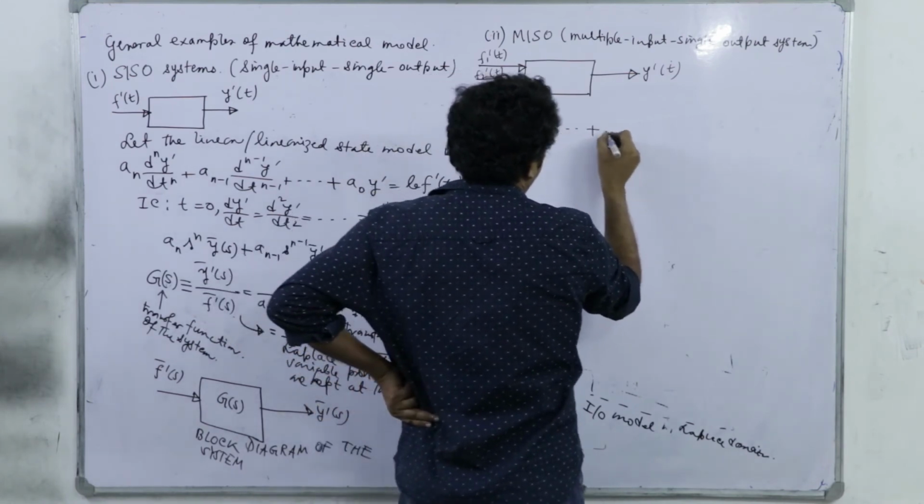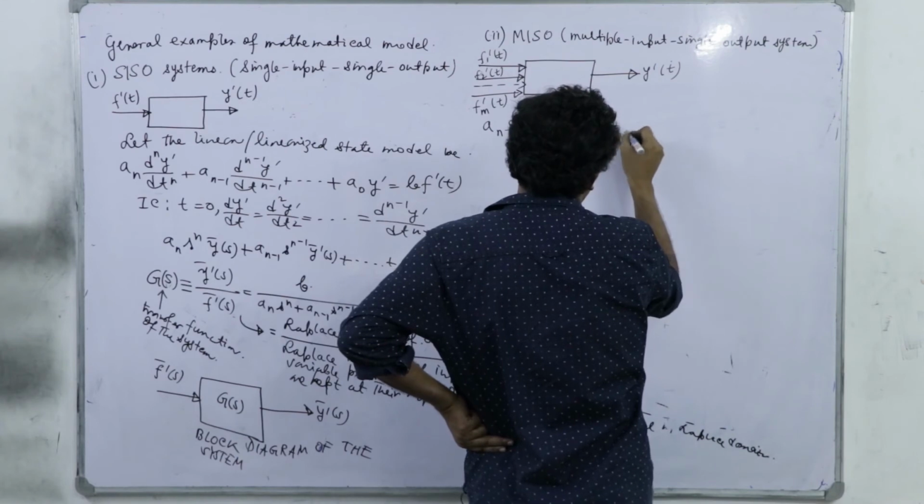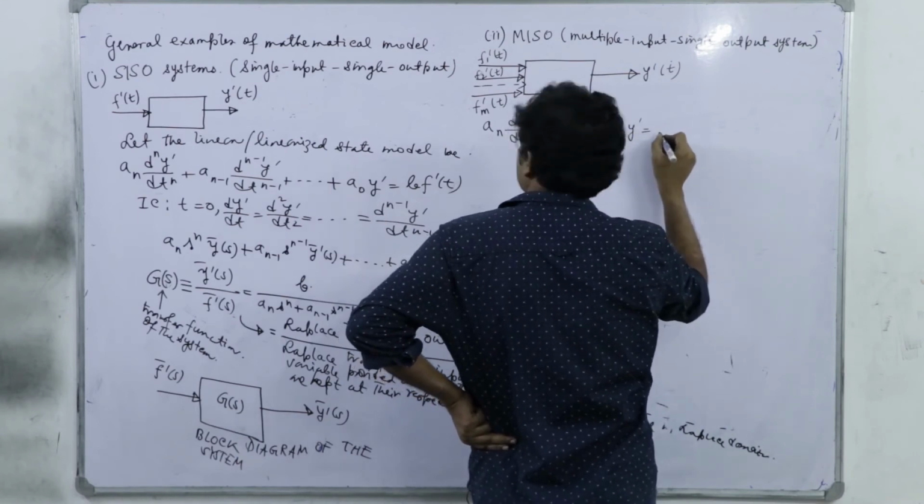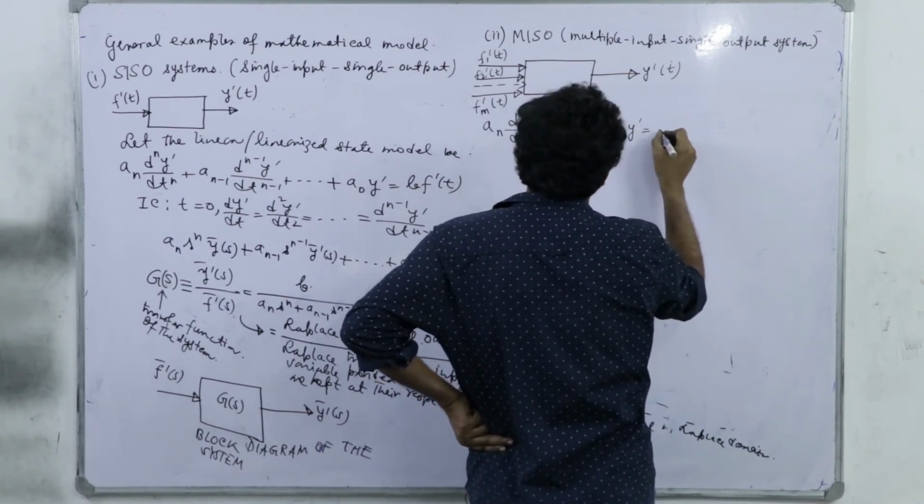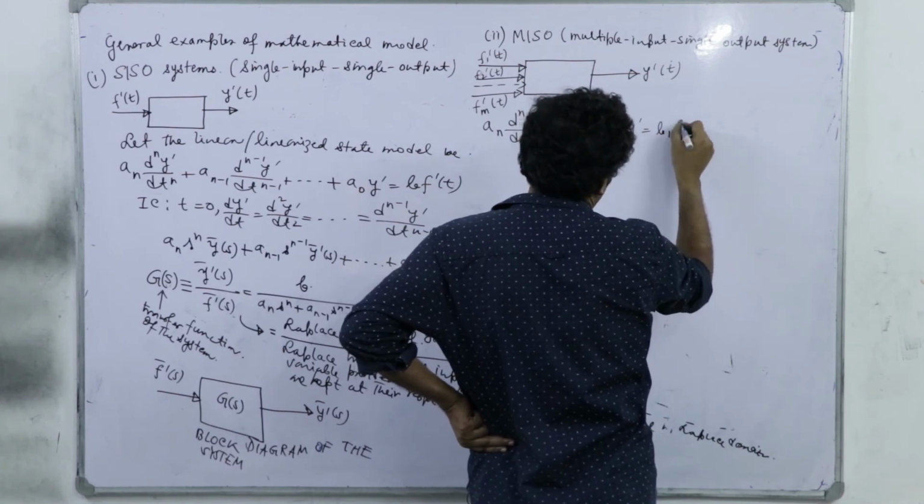This is the respective final form of the state equation, which may be originally linear, or in most cases it is linearized.